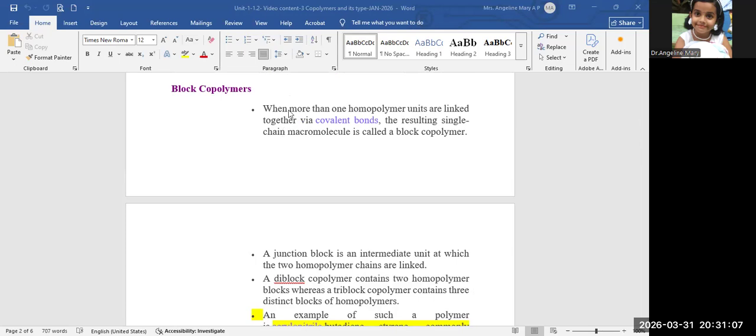Again, I am repeating: when more than one homopolymer unit is joined through covalent bonds, the resulting single chain macromolecule is called a block copolymer.